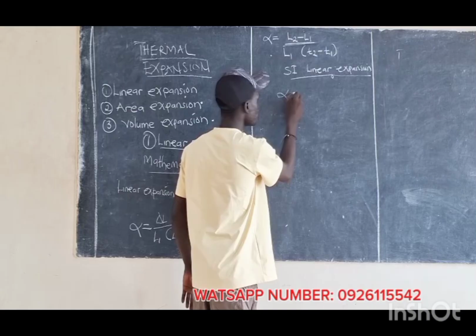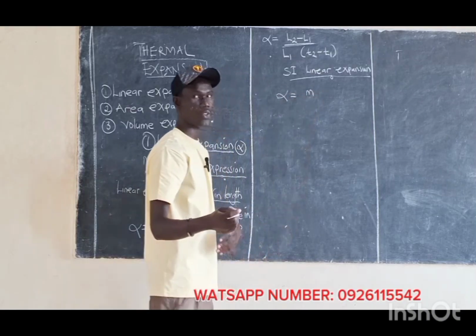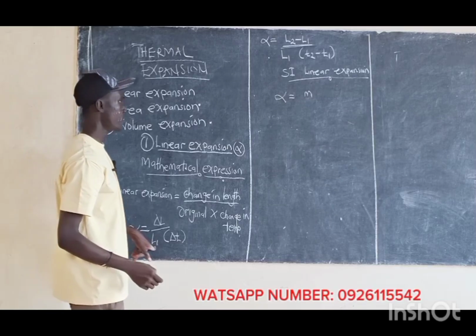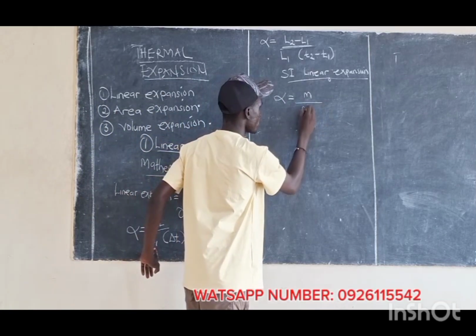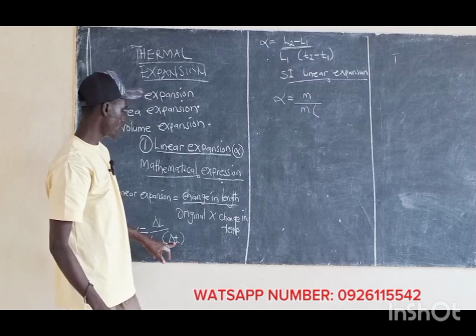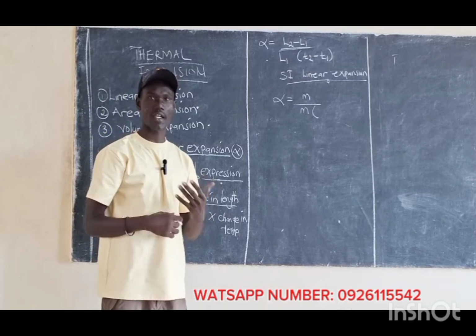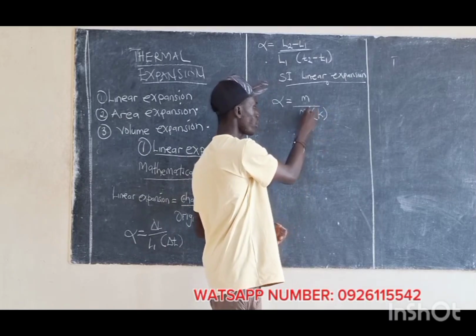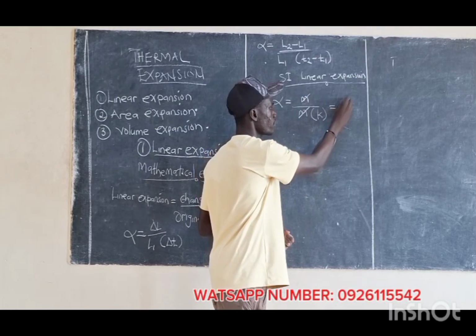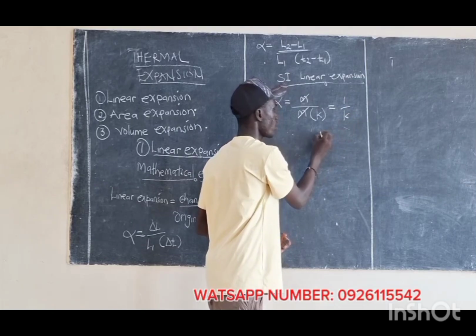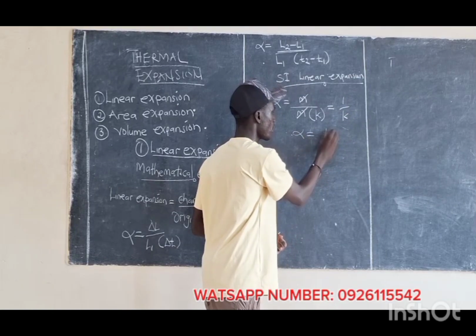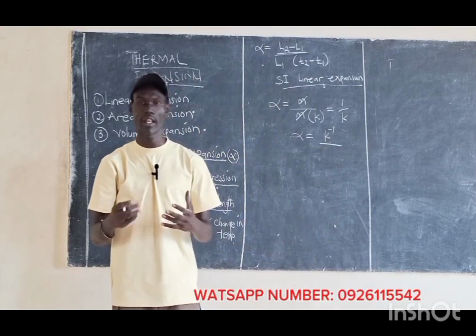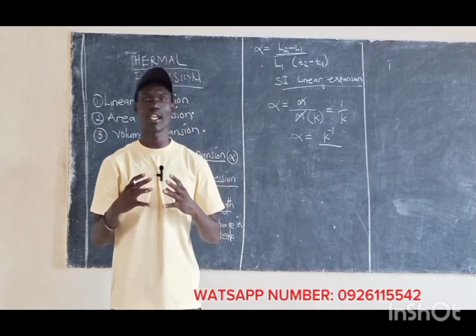So alpha is equal to meter all over meter, and the change in temperature is in Kelvin, the standard unit for temperature. We cross out the meters and are left with 1 over K. You can also write it as per Kelvin. This is the SI unit of linear expansivity or linear expansion.